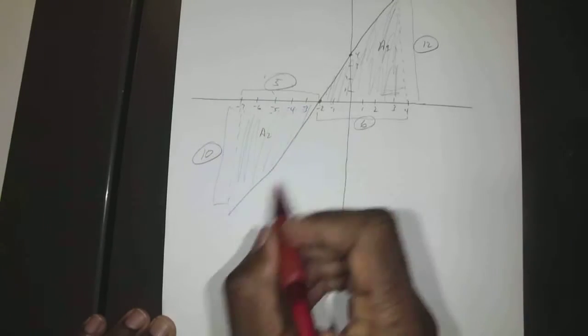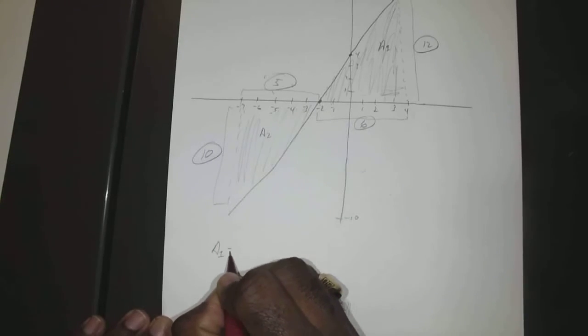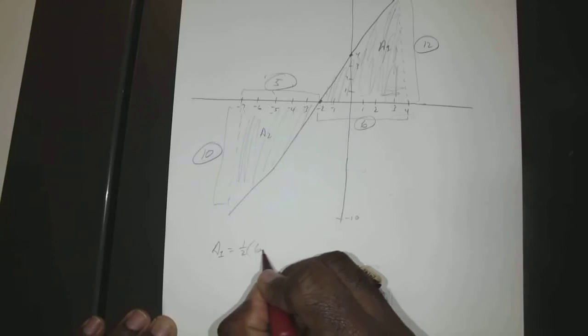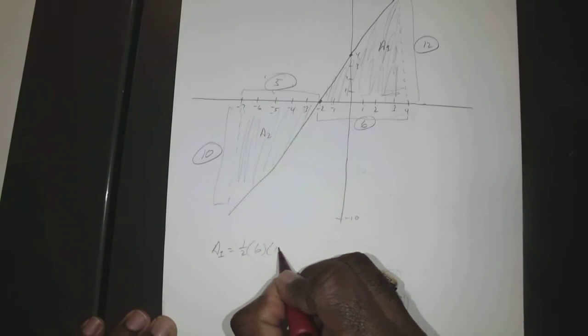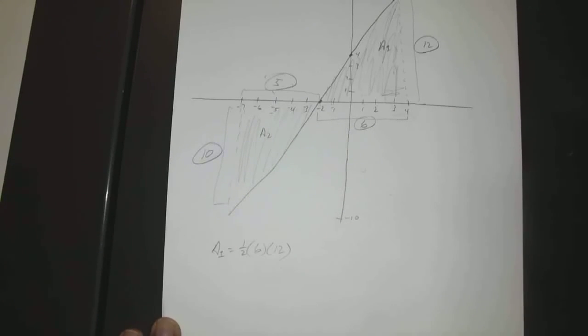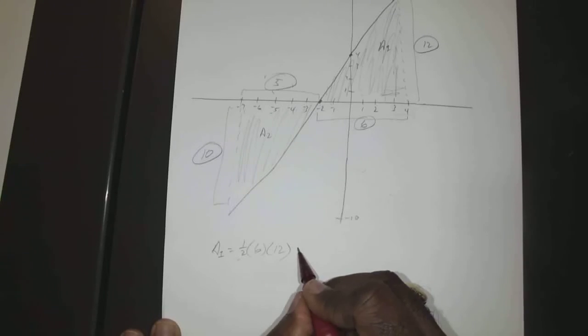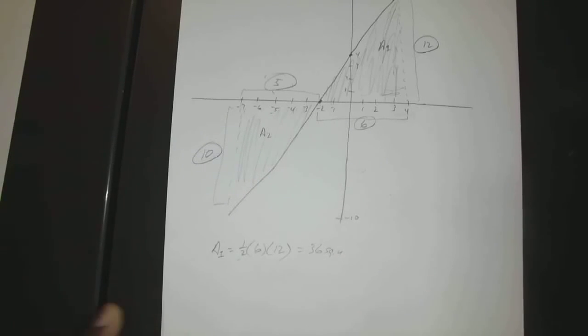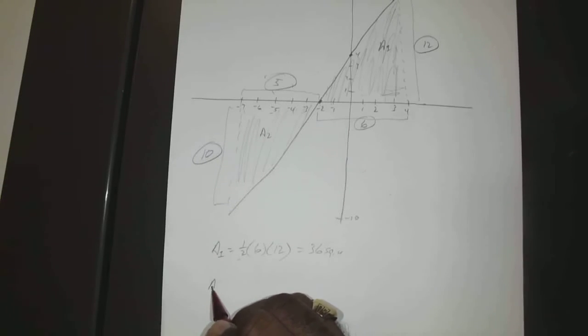Okay, so we know area 1 is going to be 1/2 times the base, which is 6, times the height, which is 12. 6 divided by 2 is 3, so that gives us 36 square units, which you don't need the square units, but put it there anyway.